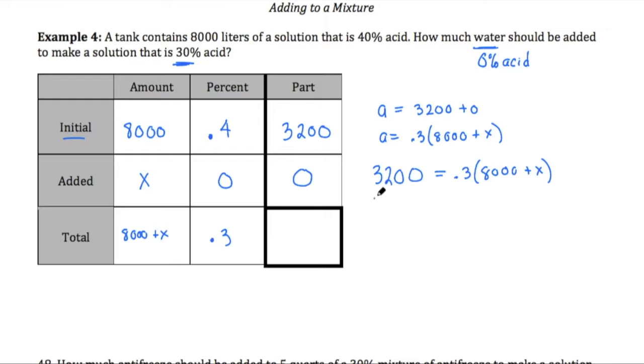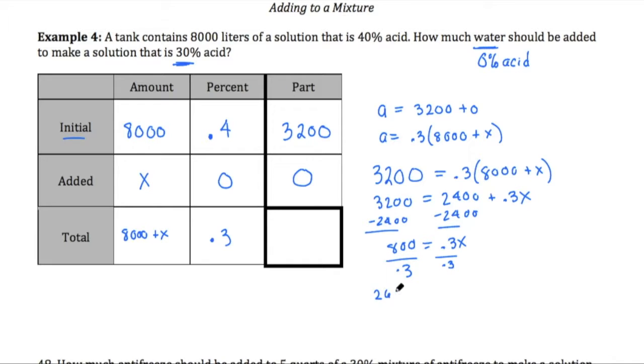So we'll go ahead and simplify the right-hand side. 0.3 times 8,000 is 2,400 plus 0.3x. We can subtract 2,400 from both sides, and we get 800 is equal to 0.3x. If we divide both sides by 0.3, it's not the prettiest of numbers, but we get 2,666 and 2/3 is equal to x.